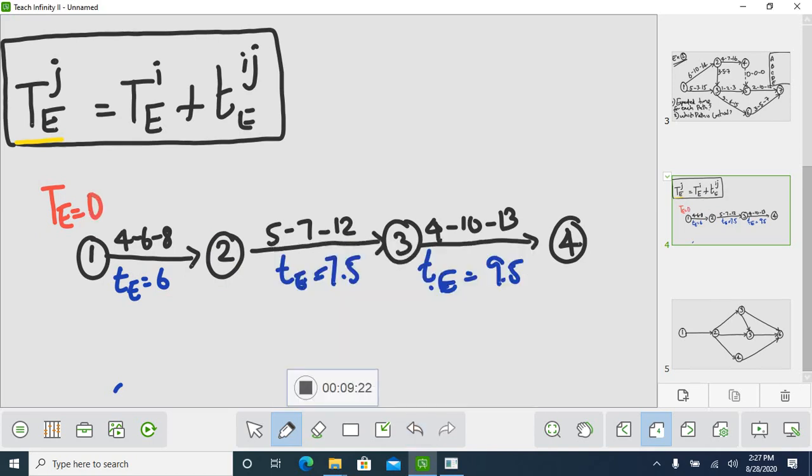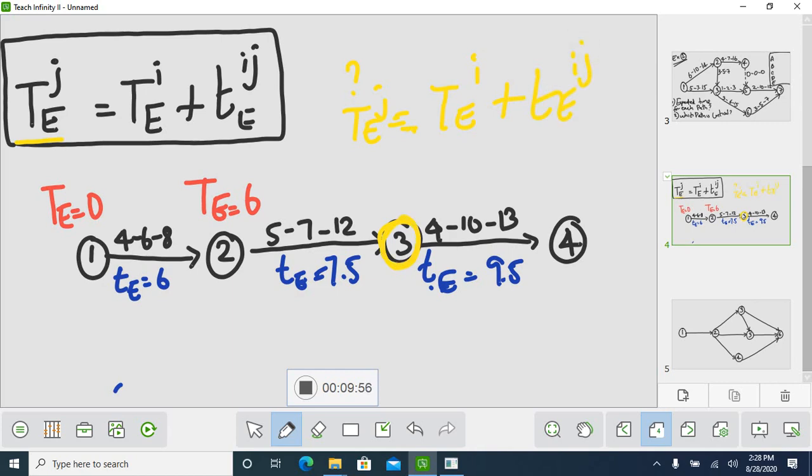Here we got 0, and here TE equal to 6. The same formula you will apply over here. For event 3, applying the formula, you will find TE(j) for 3. Our formula is TE(i) plus te(ij).